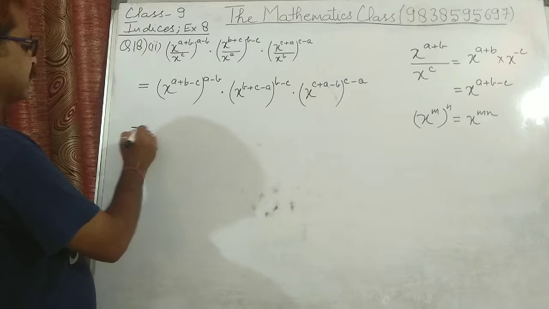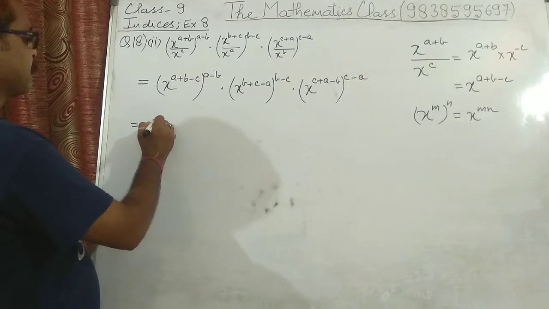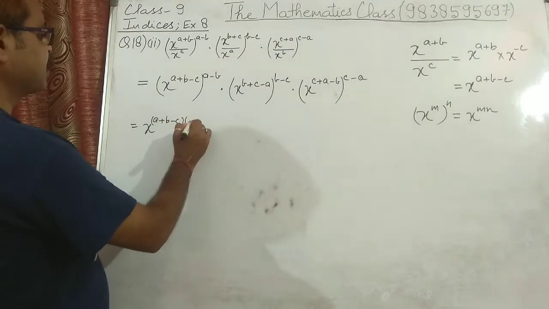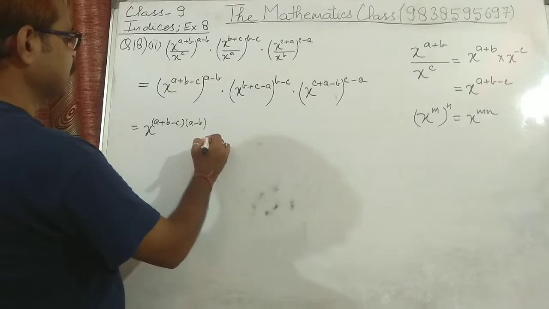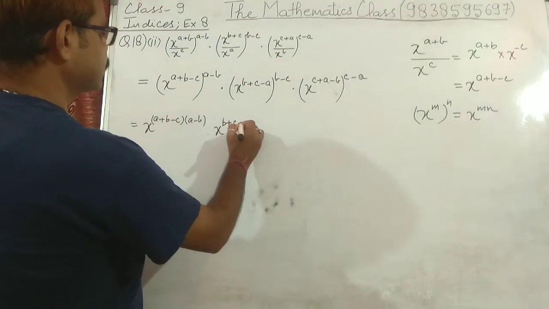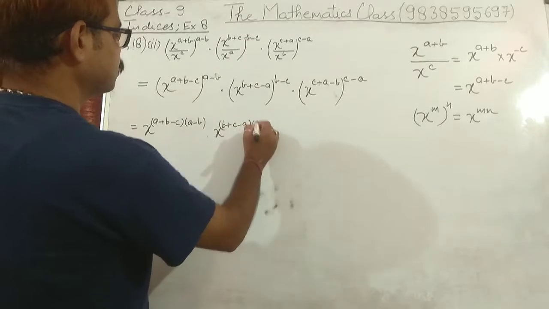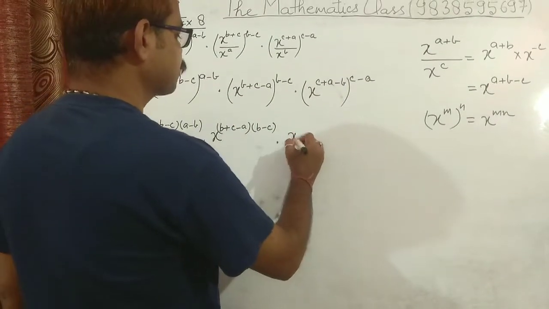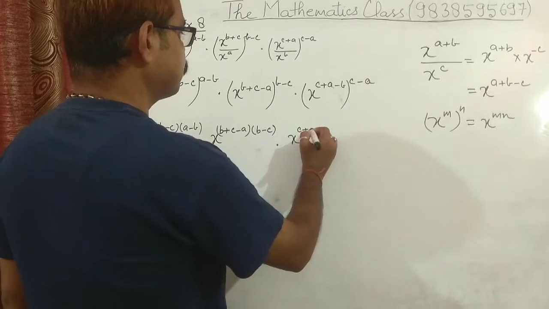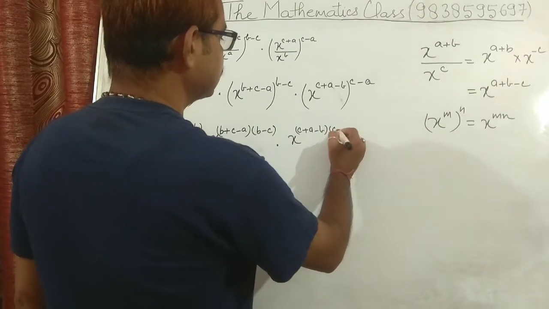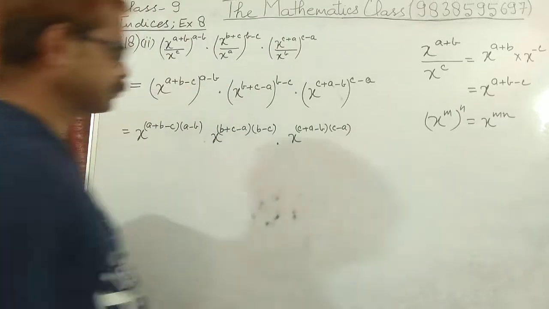Now this can be written as x to the power a plus b minus c into a minus b into x to the power b plus c minus a to the power b minus c into x to the power c plus a minus b into c minus a.